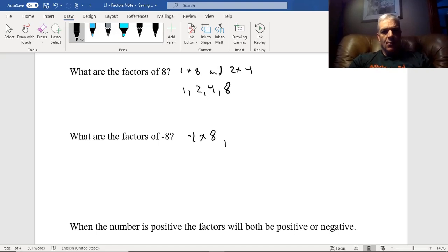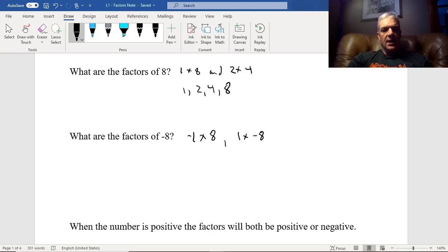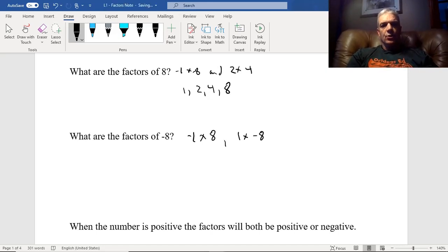Another option would be 1 times minus 8. And so essentially both minus 1 and minus 8 now become factors. Theoretically, you could do the same thing with your positives, because you could say minus 1 and minus 8 could be factors.